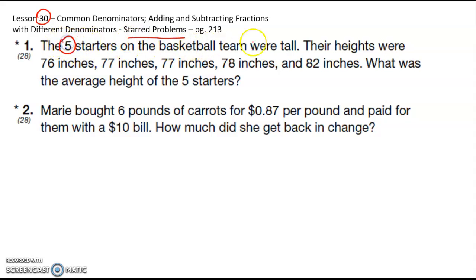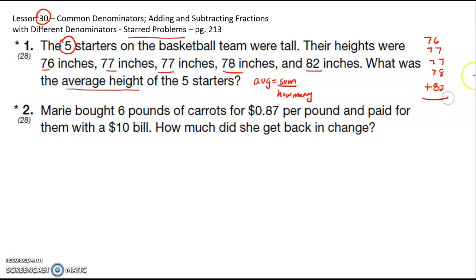The 5 starters on the basketball team were tall. Their heights were this, and this. What was the average height? So we know that average is equal to the sum over how many? So the sum, let's see, we have 76, 77, 77, 78, 82.